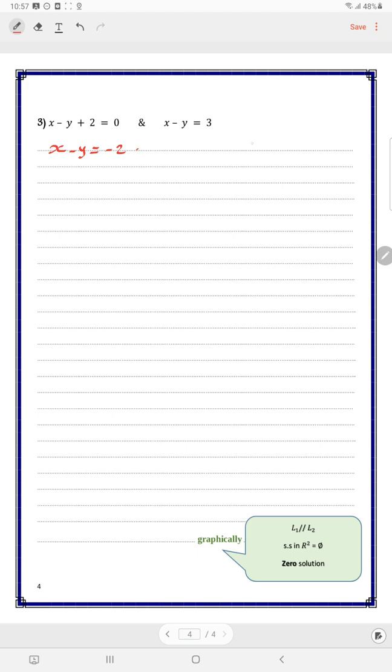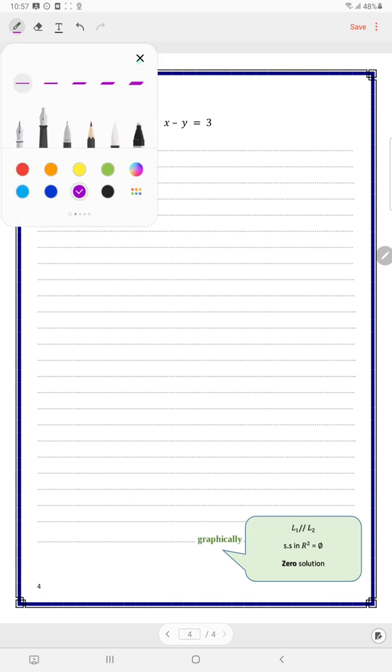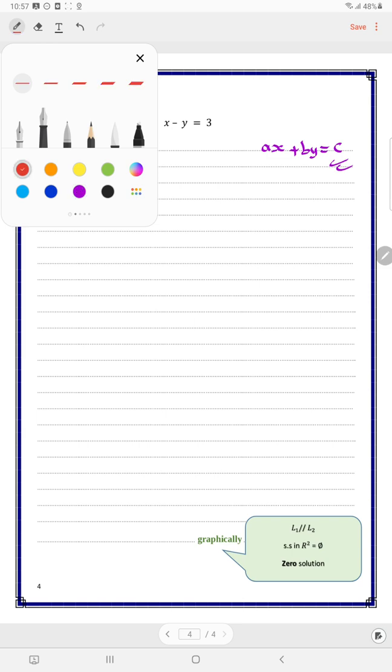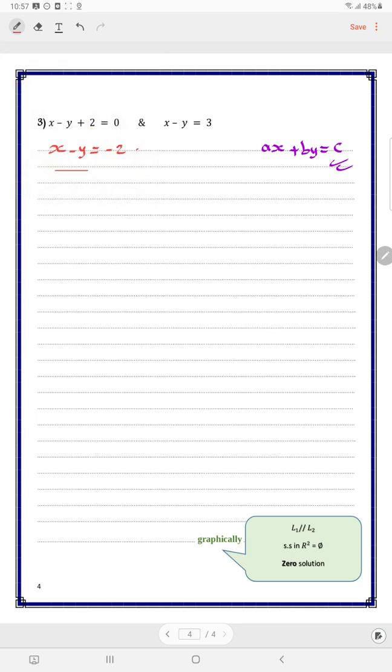Because I want to put the two equations in the form ax plus by equals c. Don't forget this form. So I will write x minus y equals negative 2, and the other equation x minus y equals 3. This is number 1 and this is number 2.